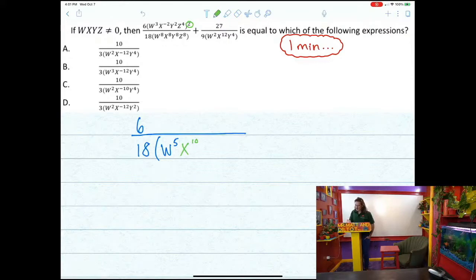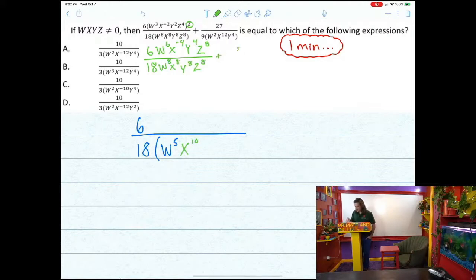If we have that little exponent there, we have to make sure that we multiply everything inside the parentheses by that value. So this will turn into the quantity 6 to the w to the 6th power times x to the negative 4th power times y to the 4th power times z to the 8th power, over 18 times w to the 8th, x to the 8th, y to the 8th, z to the 8th.